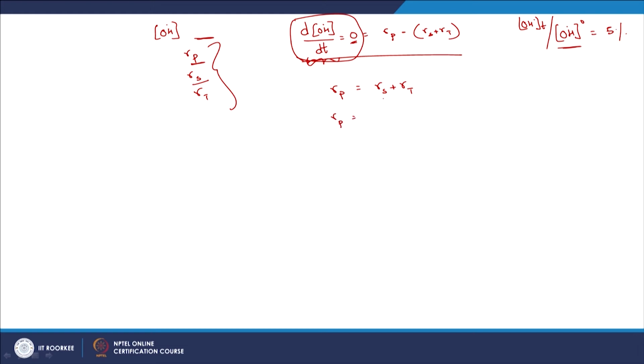The rate of production is equal to Ks times the OH radical times the scavenger, plus Kt times the OH radical times the target. Again, what are we expressing here? The rate of production of the hydroxyl radical is equal to the rate of loss of the hydroxyl radical.